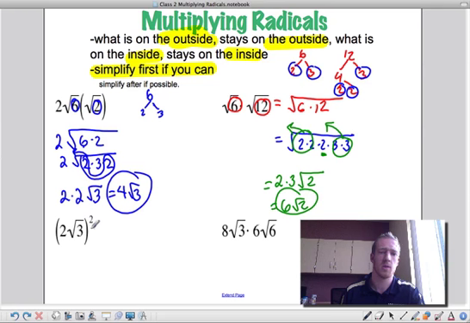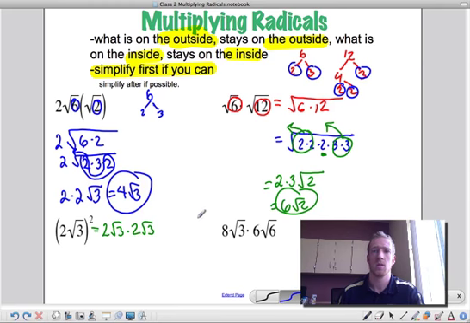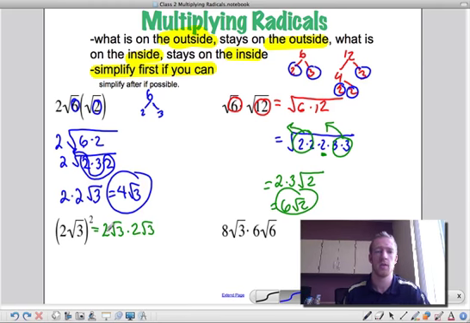We square this, so this is 2 root 3 times 2 root 3. So we multiply what's on the outside. So 2 times 2 is 4. And then square root of 3 times square root of 3 is just 3. Right?